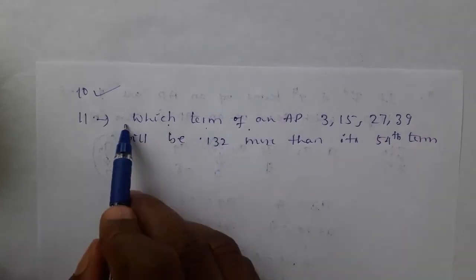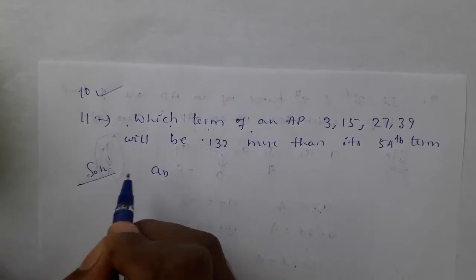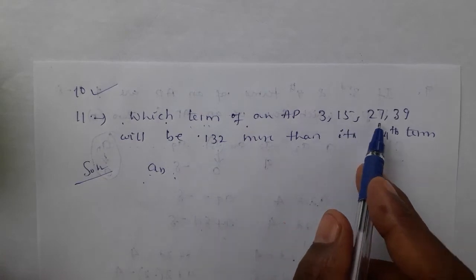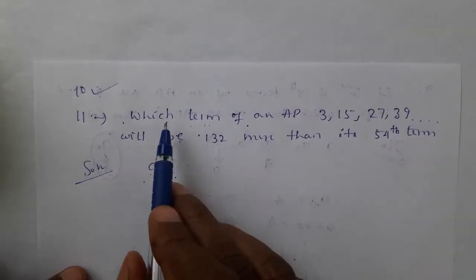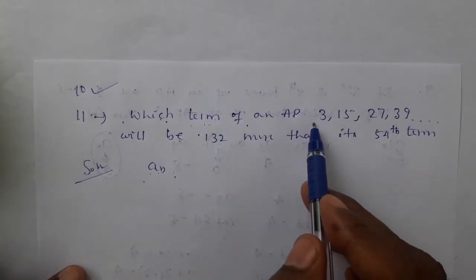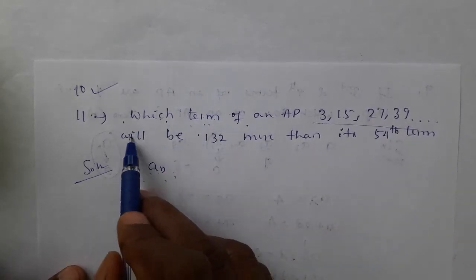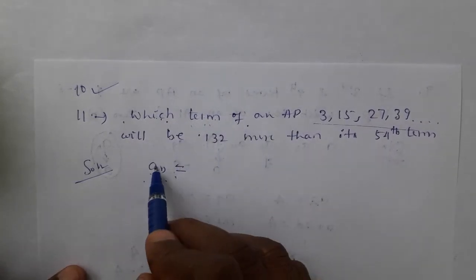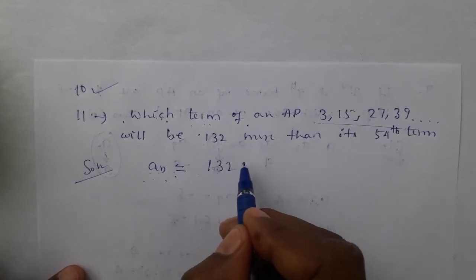Which term, remember which term means its position is unknown. Go for the solution. An, which term, an of an AP 3, 15, 27, 39 dot dot dot will be equal to which term of an AP, an. This AP is given in between, leave it as it is. An will be equal to 132 more than.